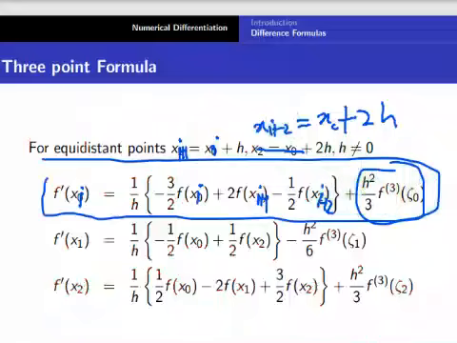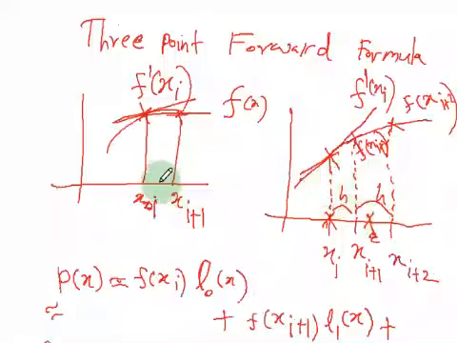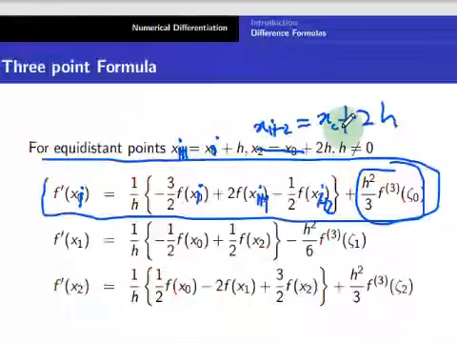Earlier we approximated this slope, this tangent, using 2 points. At that time you get first order error. So if you use 3 points in front, like this, the order of the error is 2.